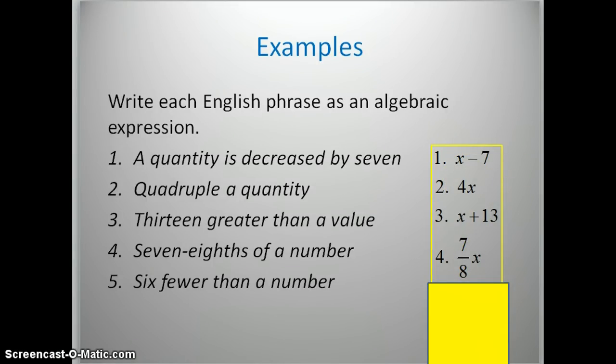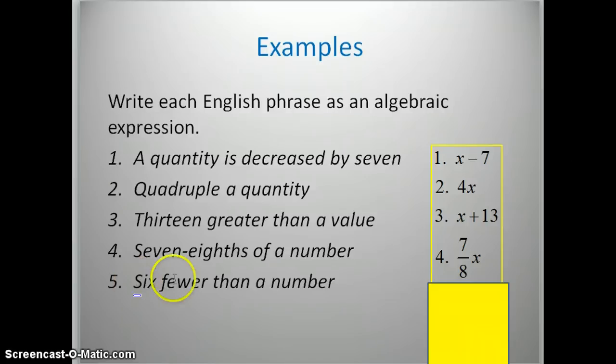Okay, and finally number 5 here, we have 6 fewer than a number, and here you have to be careful, and in fact you should be careful anytime you see that you have subtraction, because the order in which you write the values in the expression must be a certain way. So you have 6 fewer than. Well, when you see the phrase fewer than or less than, you really want to be careful.